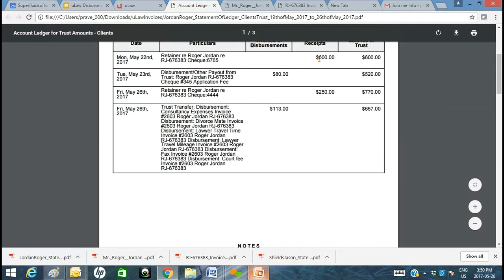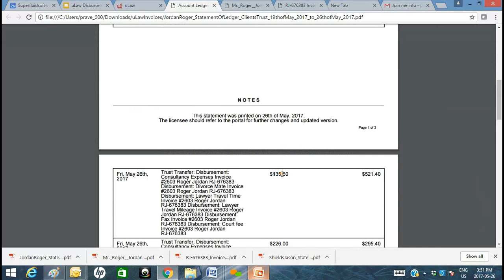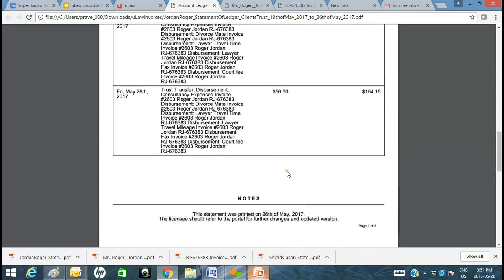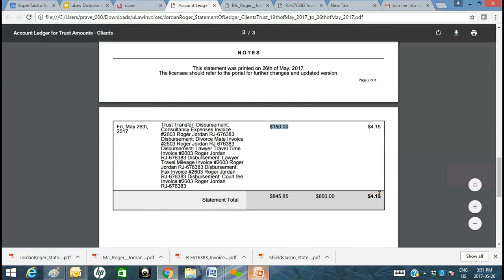These are all that came in, these are all that left. In that one invoice, we had a $113 court fee, the $135.60 fee for divorcement, and I believe another $226 disbursement. All of that is captured, including the $150 that was paid out, with a balance of $4 still left in trust.